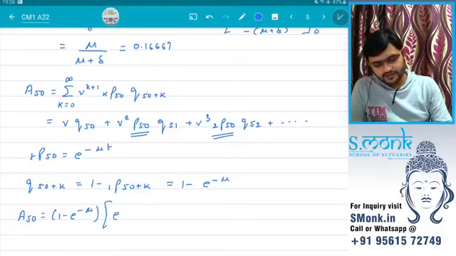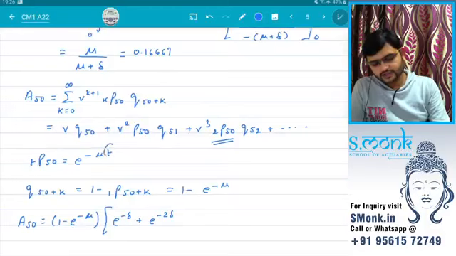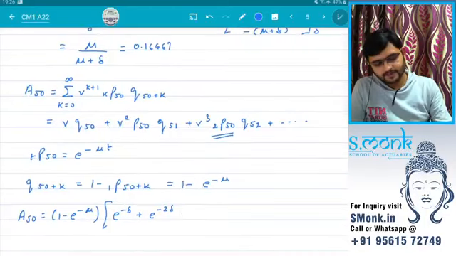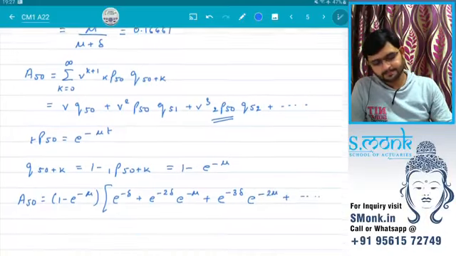Then we'll have e raised to minus delta, plus e raised to minus 2 delta and P50, putting t equals 1, so e raised to minus mu, plus e raised to minus 3 delta and e raised to minus 2 mu, and this goes on forever.